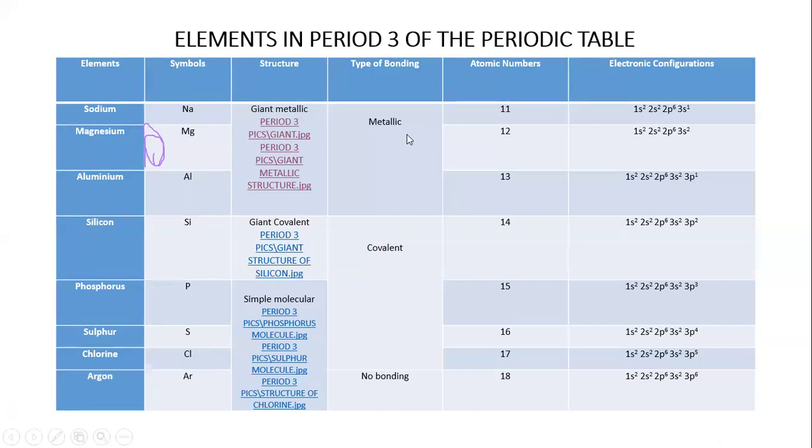I know you know how to write the electronic configurations. If there's anyone who is not well versed with it, we can still go over it. You can just raise up the hand and we see a way of doing it.